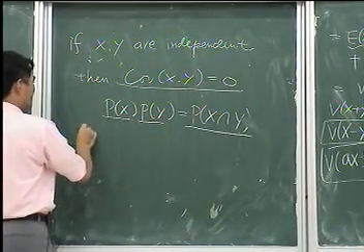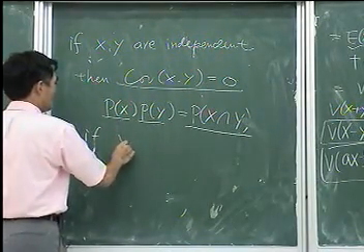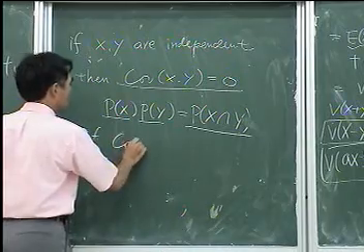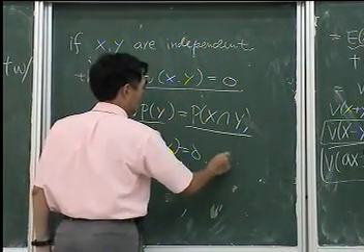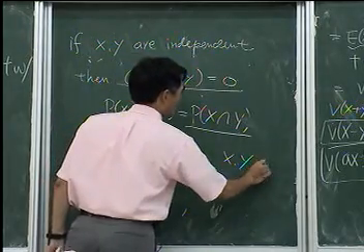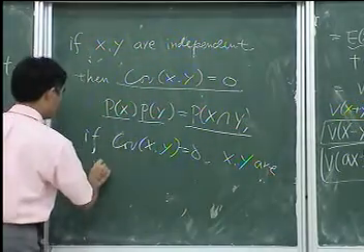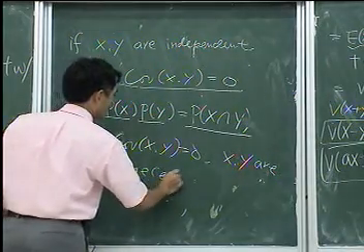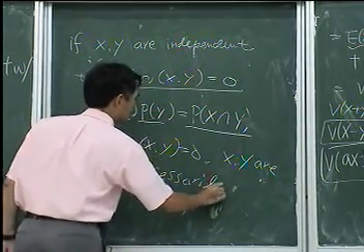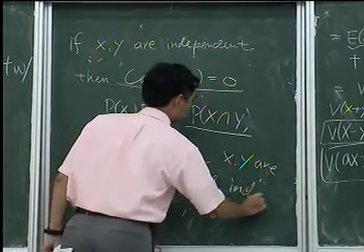If X and Y are independent, then covariance of X and Y is equal to 0. But if covariance of X and Y is equal to 0, X and Y are not necessarily independent.